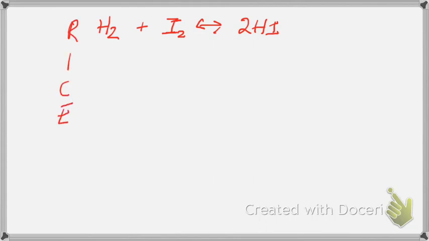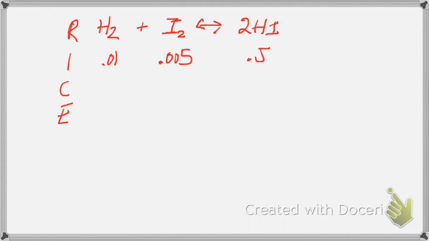So we have H2 plus I2 yields 2HI. Okay, so there's our R, I, C, E. So we have 0.01 from the problem, 0.005, and 0.5.